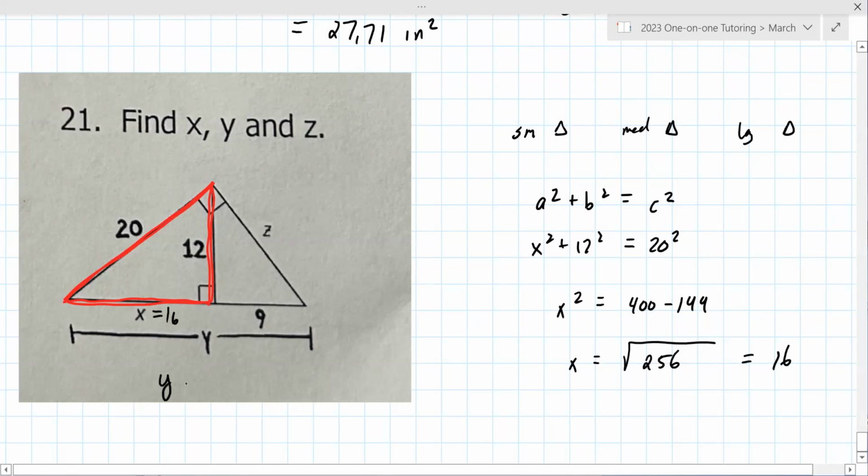So y is 16 plus 9, which is 25. That's nice.